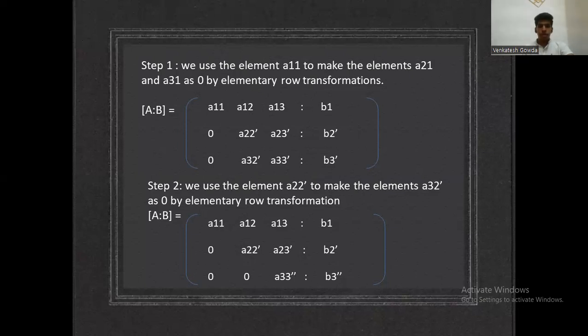Now we need to form an upper triangular matrix by converting one more element to 0. So in step 2, we use the element a22 dash to make the element a32 dash zero by elementary row transformation. We can see that by using step 2, a32 dash is also converted into 0 and an upper triangular matrix is formed.